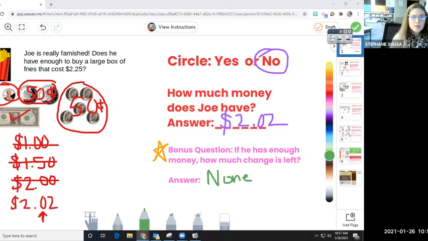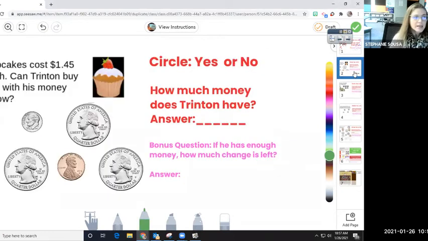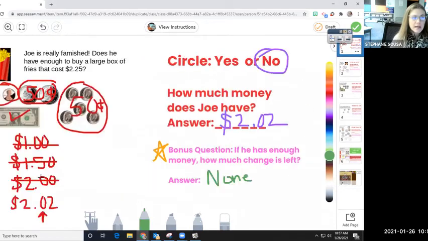You are getting ready to go into some breakout rooms. In your breakout room, you are going to solve slide 2. On slide 2, you are going to, again, count the money and you have to show your work, just like I did here. Okay? Just writing the answer is not okay.